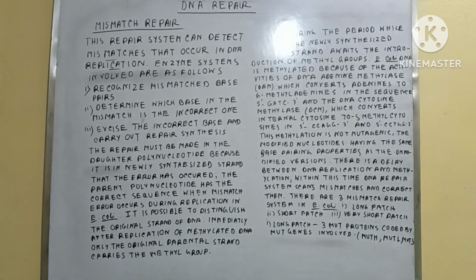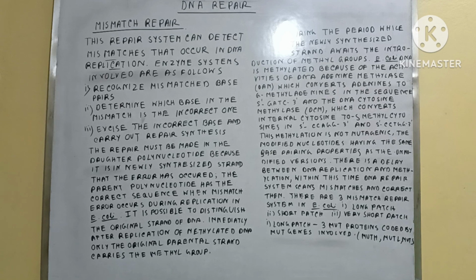And first, it must be possible to distinguish which one is the parental DNA strand and which one is the newly formed DNA strand. First, the repair system recognizes which strand is the newly formed strand.